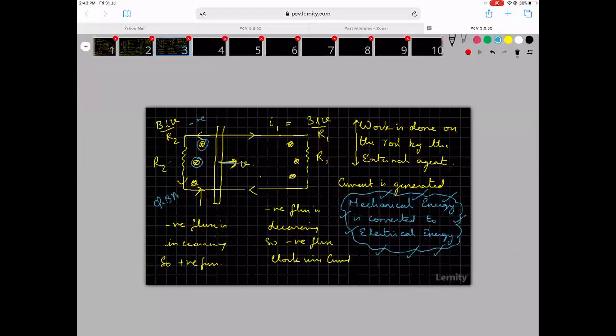As this rod moves, if it comes here, this side area has increased. So negative flux is increasing. If this side area is increasing, this side area is decreasing. So negative flux is decreasing. Just trying to give you reasons as to why the current should go in this direction or in this direction. That's it. Applying Lenz's law.